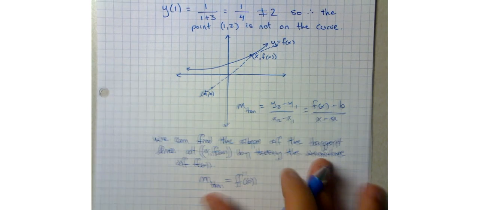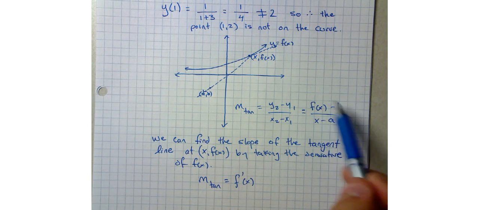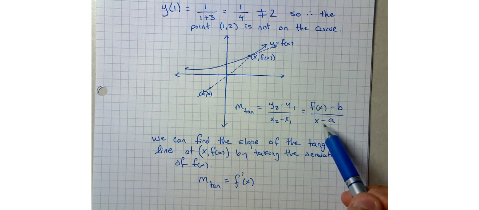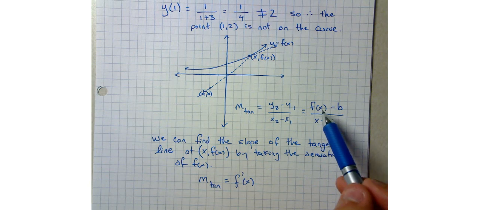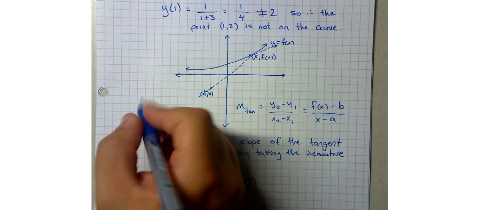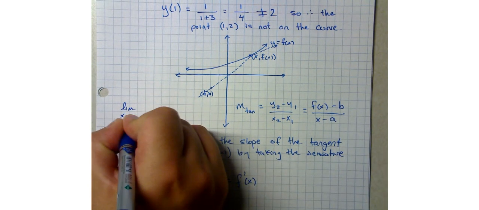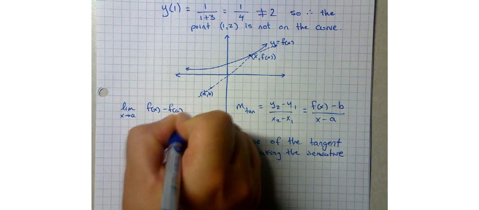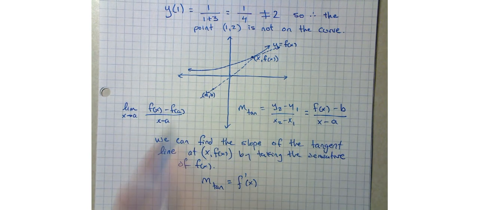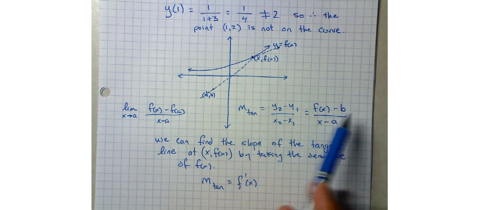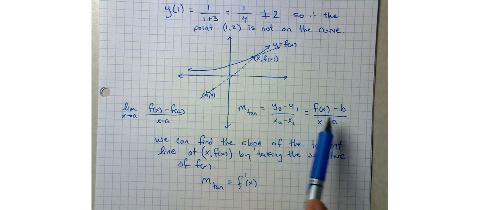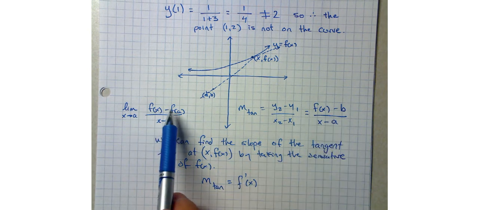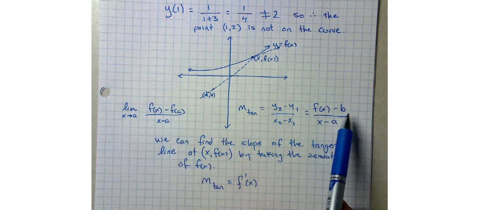And recall from chapter 2, this looks like the definition of the derivative. The definition of the derivative said that the limit as x approaches a of f of x minus f of a over x minus a is the derivative. So recall that this looks identical to this, where f of a in this case is already solved for us. It's b.